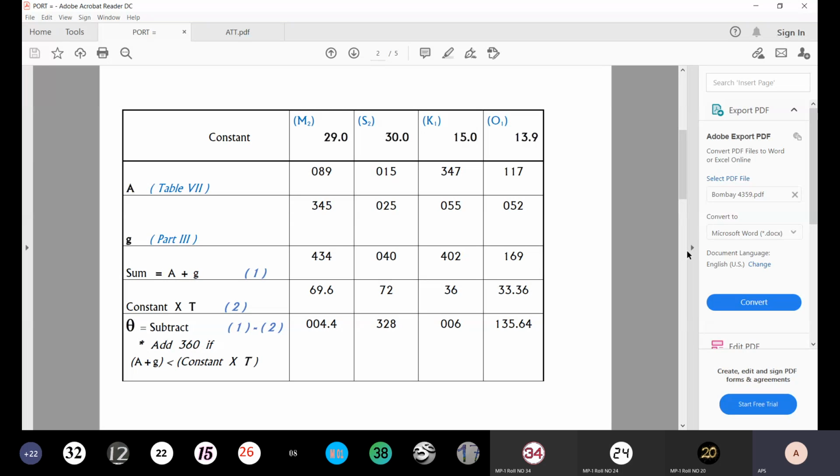So don't worry about the data. Just make 6 rows and 5 columns. First column you keep it little large, and you can start writing capital A from table 7, small g from part 3, sum of a plus g is taken as 1, constant into capital T is taken as 2, theta will be equal to 1 minus 2, and put a remark at 360.